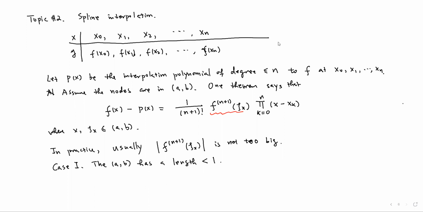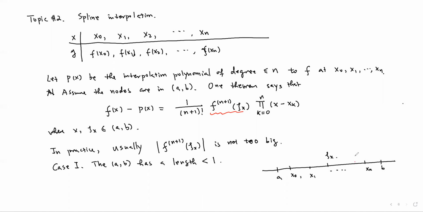Let me draw a diagram. Interval AB. Now all the nodes inside the interval. And also psi, this point, inside the interval. X also inside the interval.